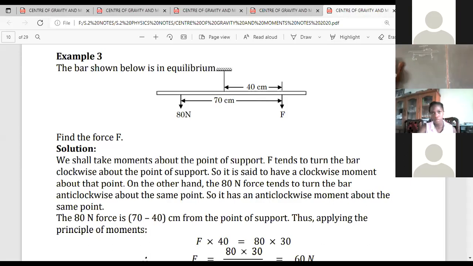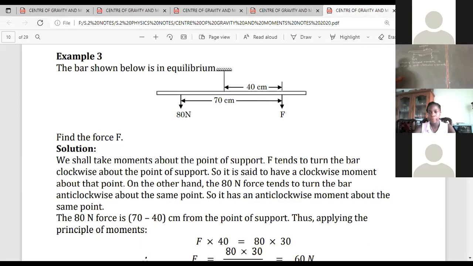It states: sum of clockwise moments about a point equals sum of anticlockwise moments. It's very okay to write this statement. Someone was asking about these statements. It can carry a mark on a good day because you are using that condition, okay? It's very fine to use.